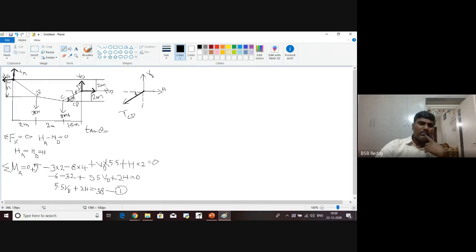Tan theta is equal to, if you see this triangle, opposite side is 2, adjacent side is 1.5. So 2 divided by 1.5. If you perform tan inverse, theta CD will get a value. I'll just tell you the value.